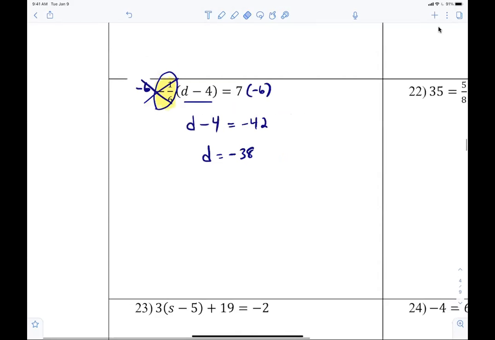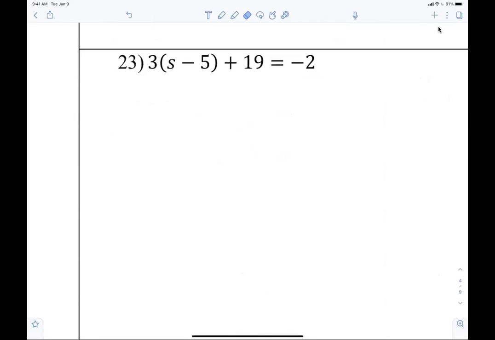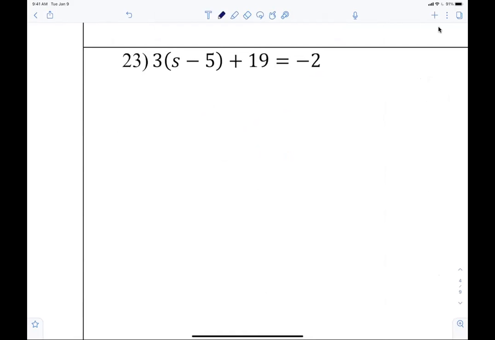Number 23, go. It would be 3s minus 15 plus 19 equals -2. Now what? Then it would be 3s plus 4 equals -2.